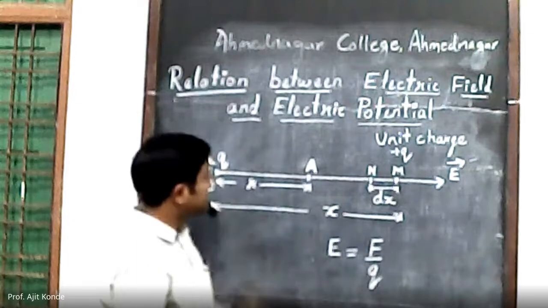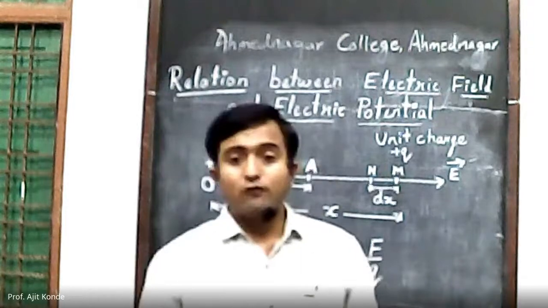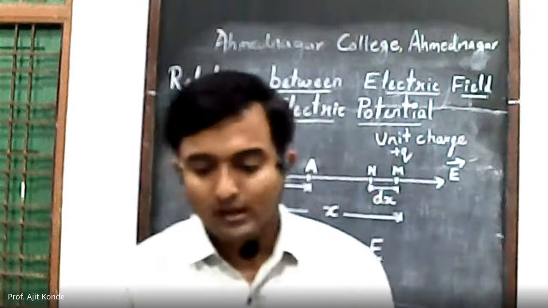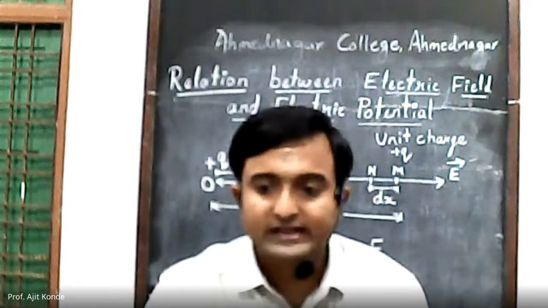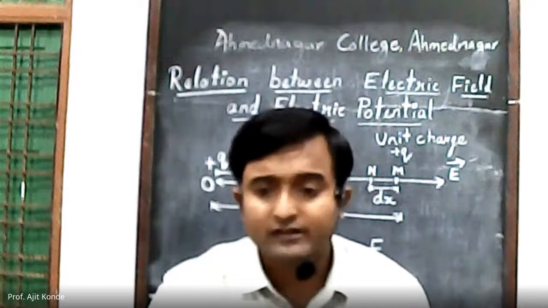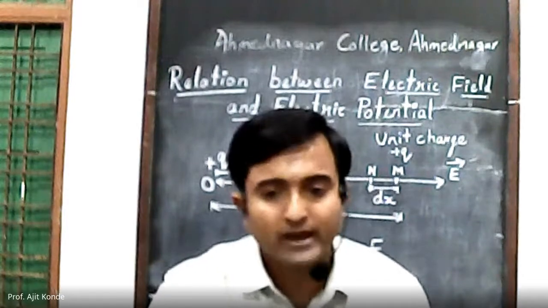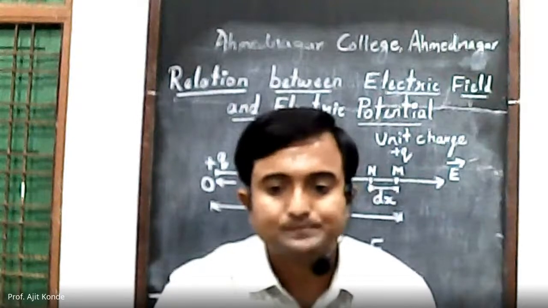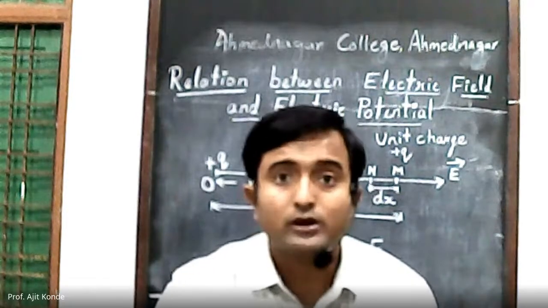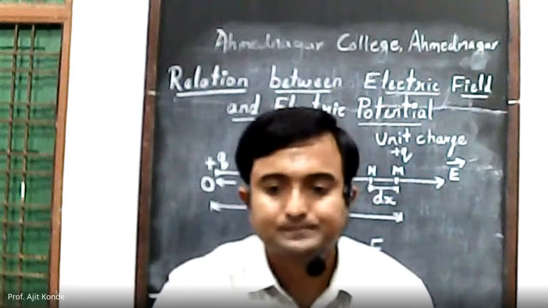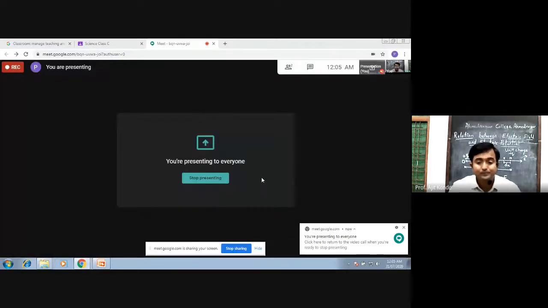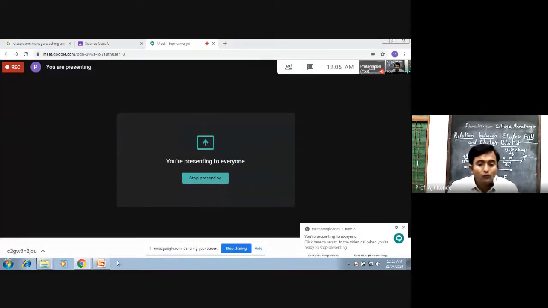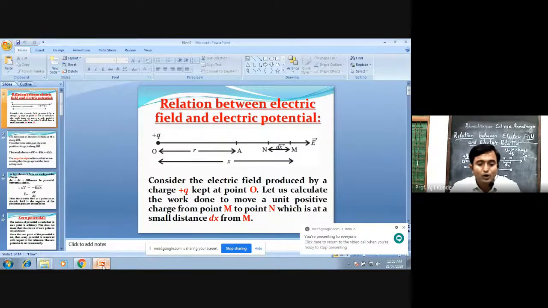Now we will see the PPT for this relationship. We know the formula for electric potential is 1 upon 4 pi epsilon naught, Q upon r. And the formula for electric field is 1 upon 4 pi epsilon naught, Q upon r square.